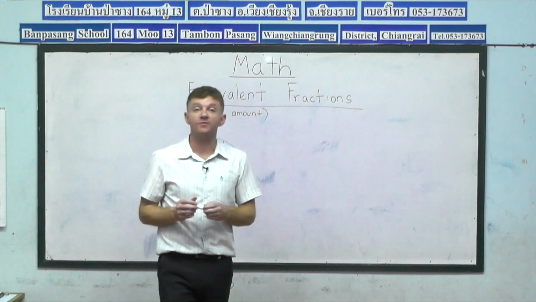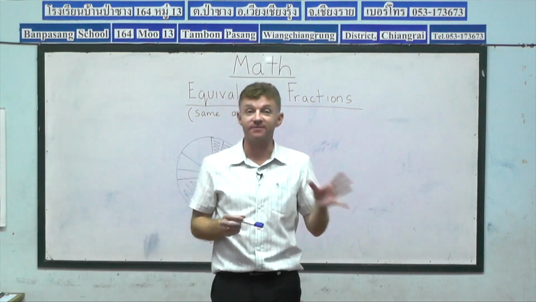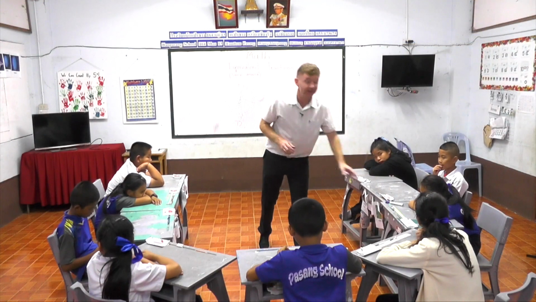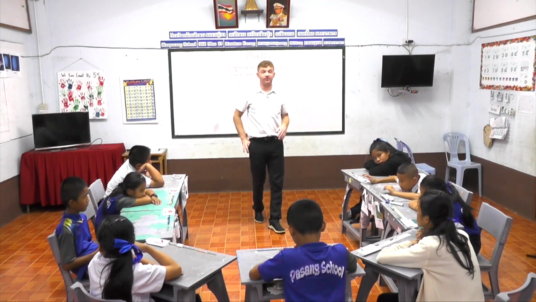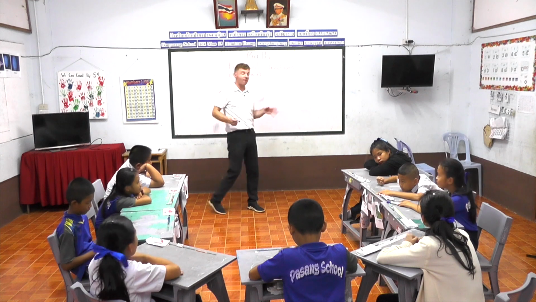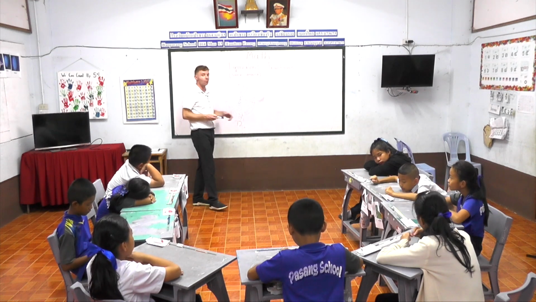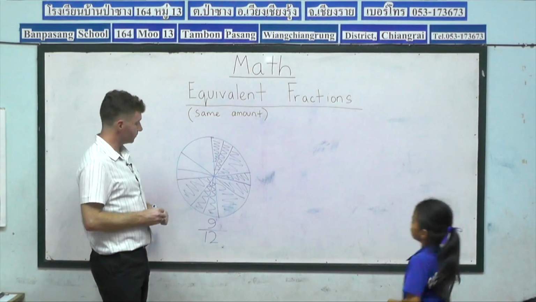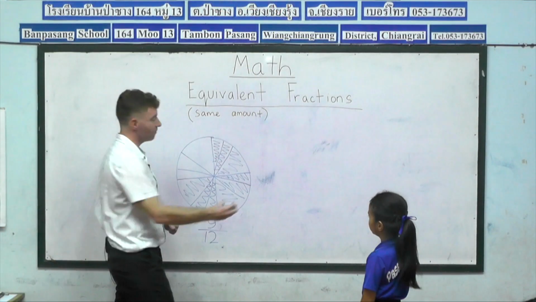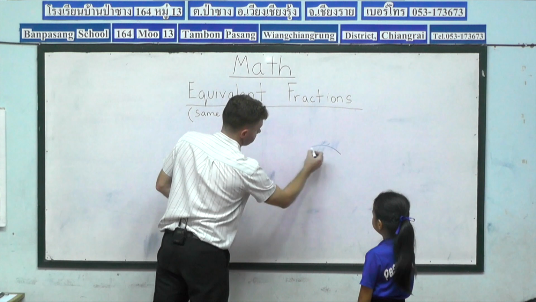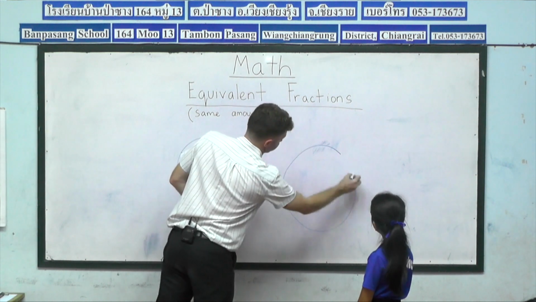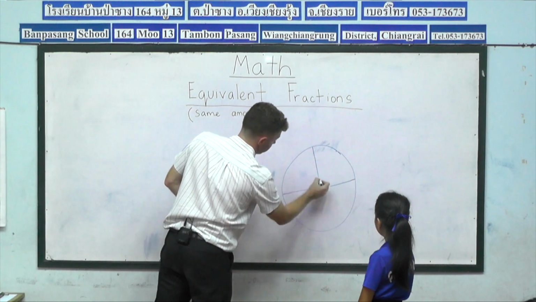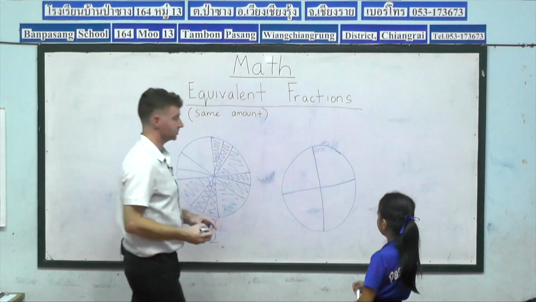And what I'm going to ask now is for another student to demonstrate an equivalent fraction. And this time it's Prell's turn to show an equivalent fraction to 9 over 12. So Prell, come and join me at the front. So we've got 9 over 12 as one fraction. This time we'll have a circle and we'll cut the circle into 4 parts.